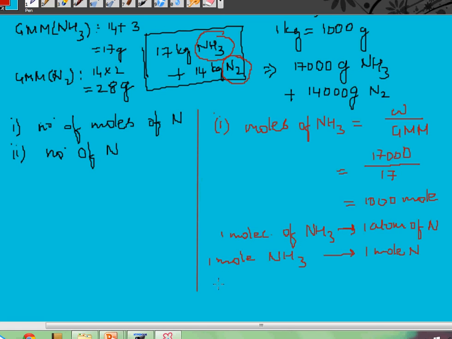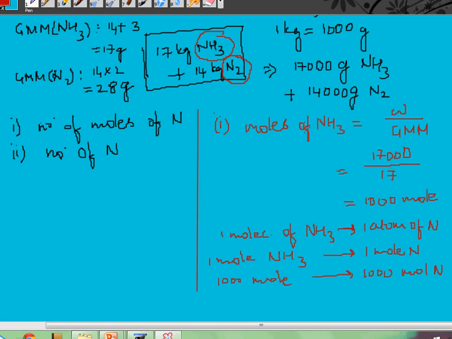And it means that 1000 mole of ammonia will have 1000 mole of nitrogen atoms. So the nitrogen atoms from ammonia are 1000 mole.